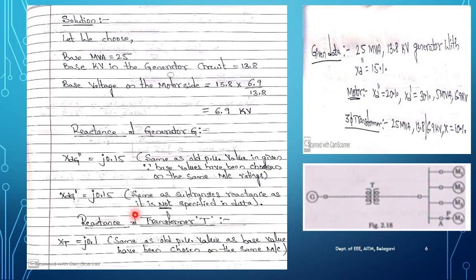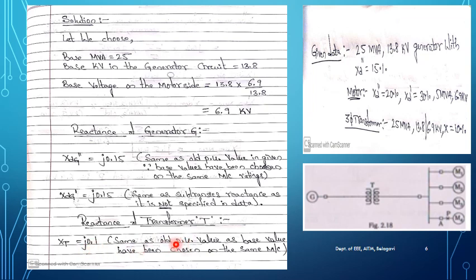Now let us find the reactance of the transformer. If you look into the given data, the reactance of the transformer is already given over here. It is 10%, so if we convert it, it will be equal to 0.1.